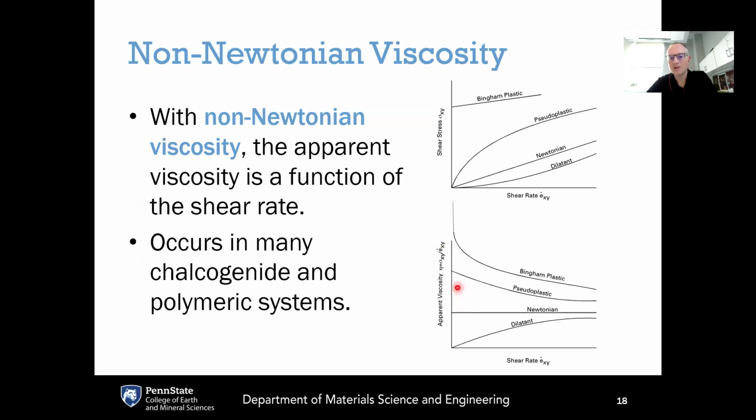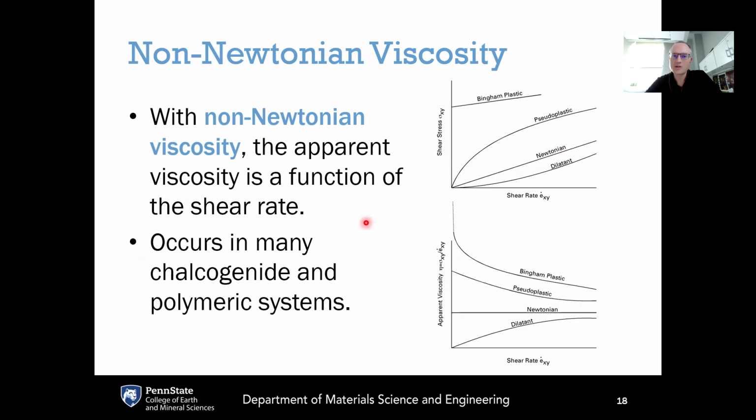And that is what is shown here on this lower plot, that the viscosity here is the ratio between the applied shear stress and the shear strain rate. For a Newtonian fluid, this is constant. And with a constant viscosity, what this means is that the shear stress and the shear strain rate have a linear relationship as shown here.